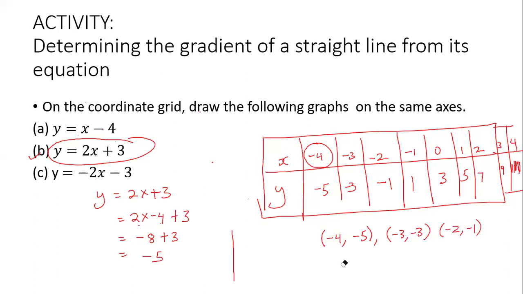Like here, I have 2 times 2, because it's 2x, where there is 2. I have 2 times 2 is 4 plus 3, which is 7.